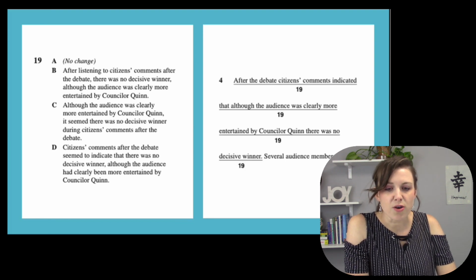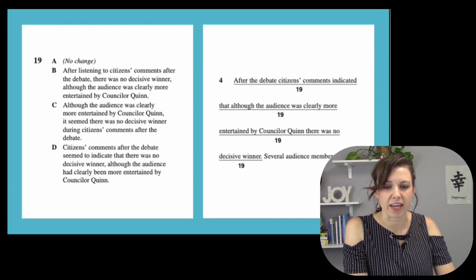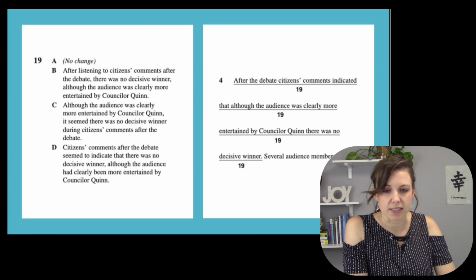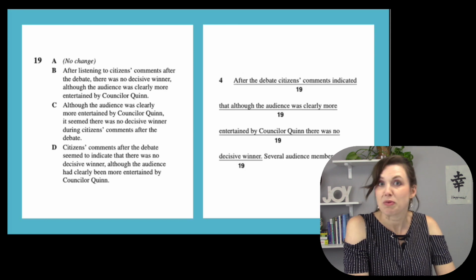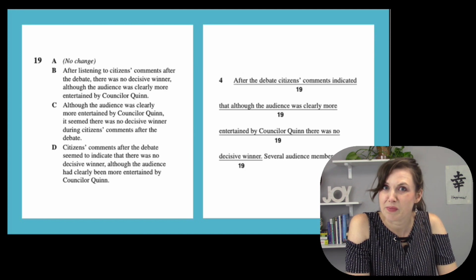C. Although the audience was clearly more entertained by Councillor Quinn, it seemed there was no decisive winner during citizens' comments after the debate. D. Citizens' comments after the debate seemed to indicate there was no decisive winner, although the audience had clearly been more entertained by Councillor Quinn. What do you think the answer is?